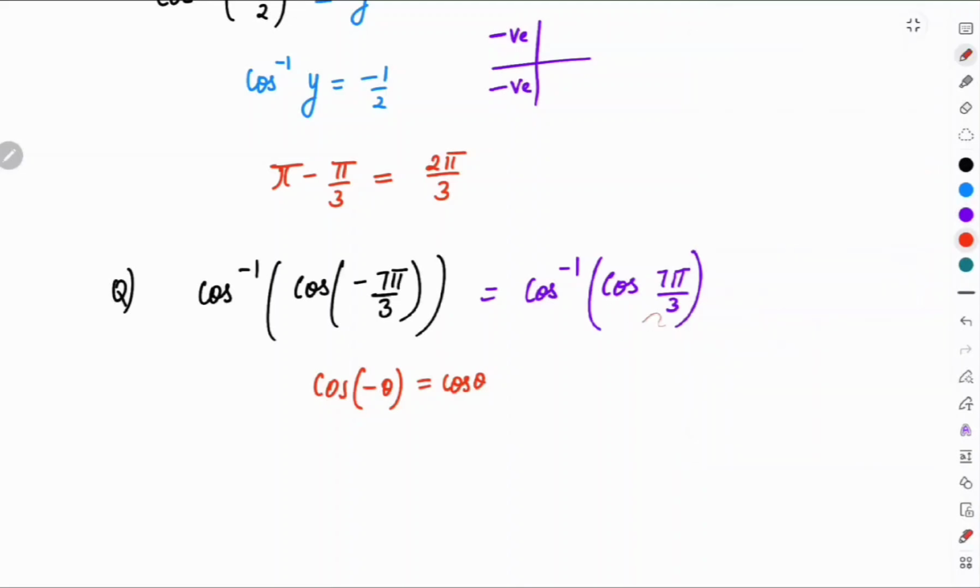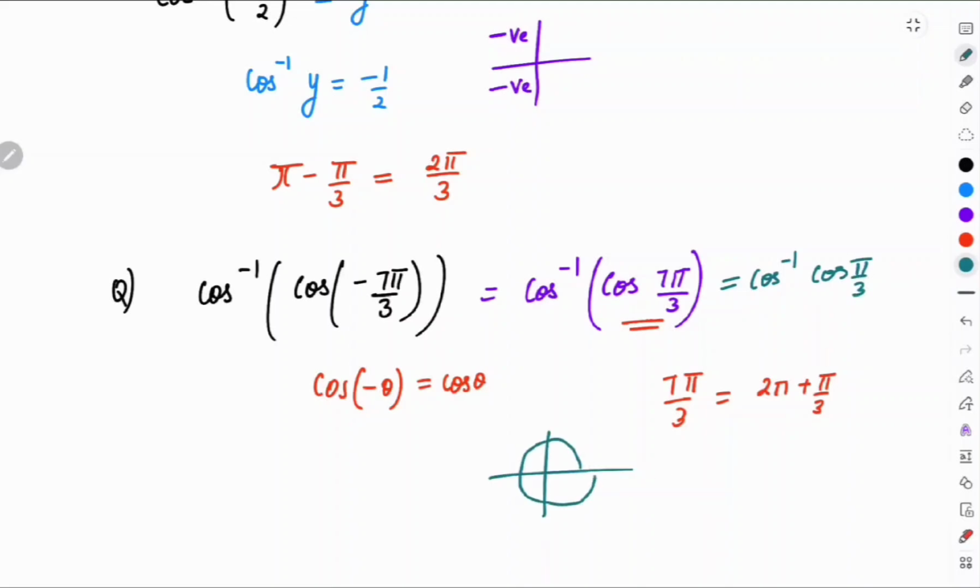Now 7 pi by 3 can be written as 2 pi plus pi by 3. So the output is cos inverse of cos pi by 3, because it has completed one complete rotation and now it is here, pi by 3 past 2 pi. So our answer is pi by 3 only.